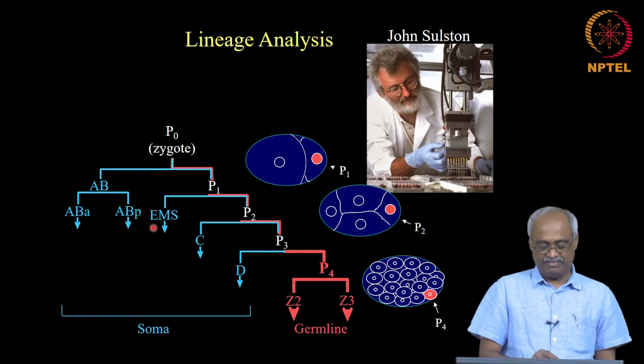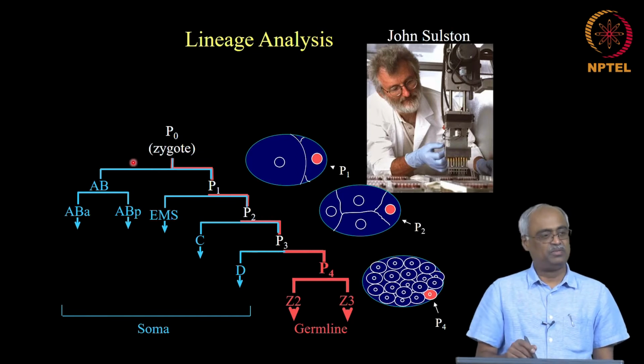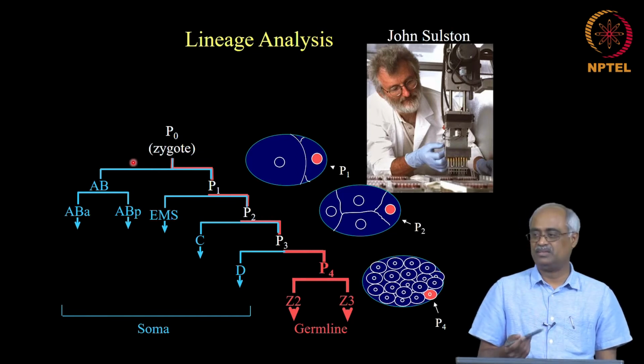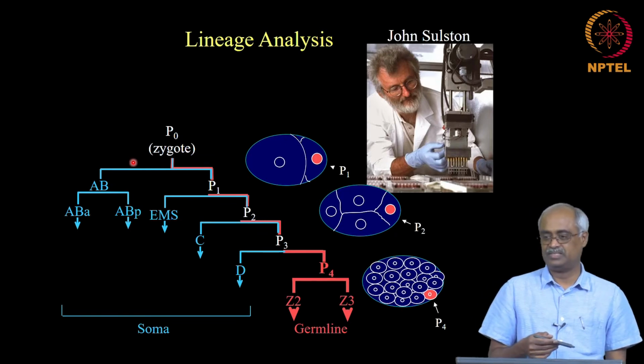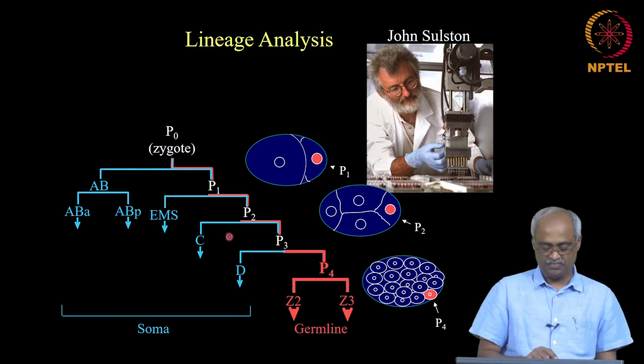And P1 divides into two cells, one is called EMS, another one is called P2. These are the same nomenclature as you saw in the Ascaris embryo that was observed by Theodore Boveri in his experiments where he found chromosome diminution, if you remember, right.